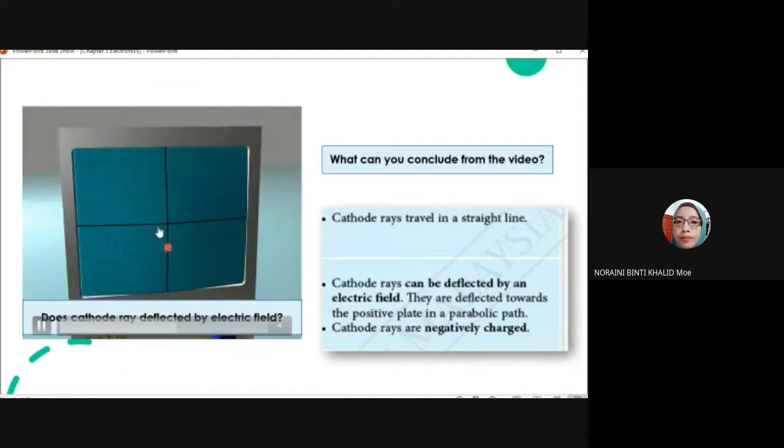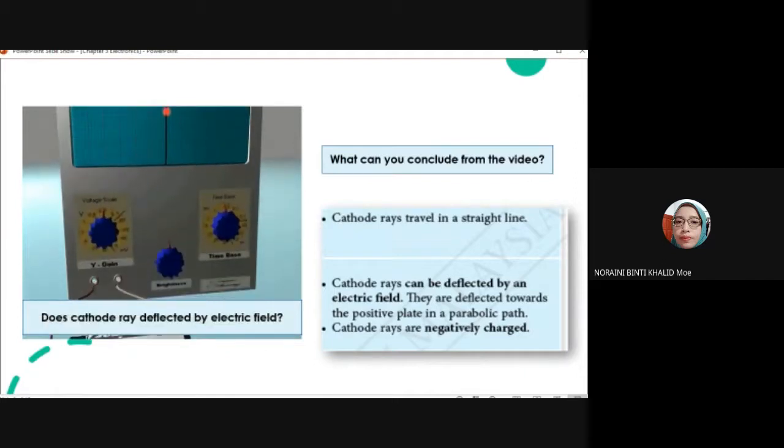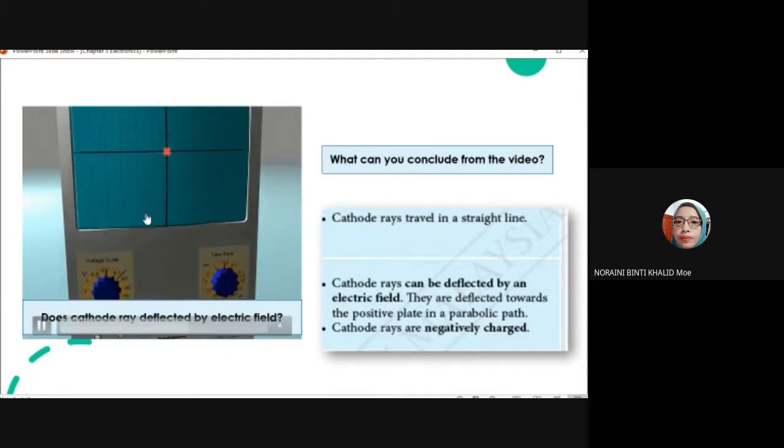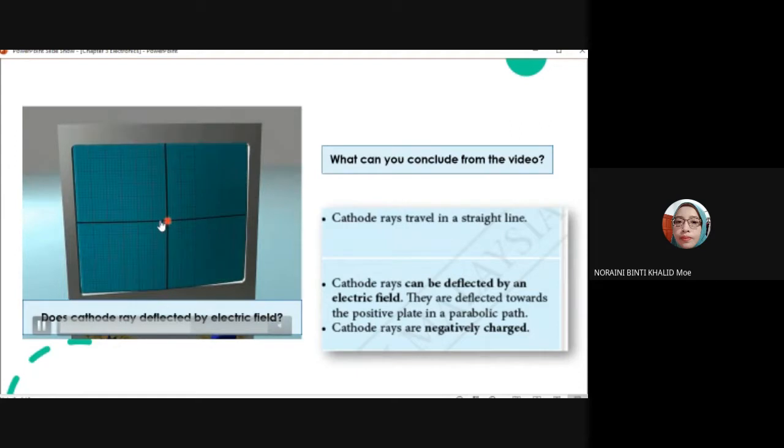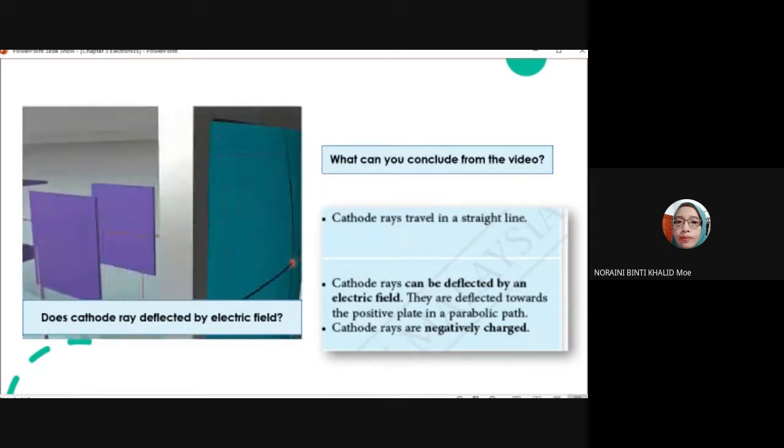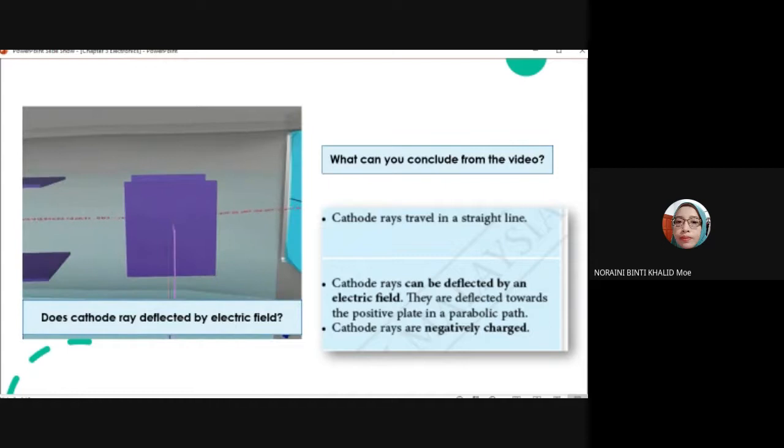You can see the spot on the screen deflect downward. What happens if the voltage is removed, meaning no more voltage across the two plates? The cathode ray travels in a straight line, so it hits the screen at the center. No deflection.